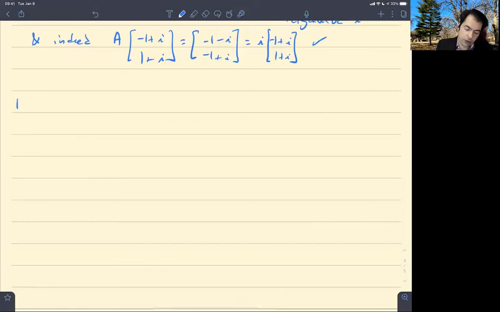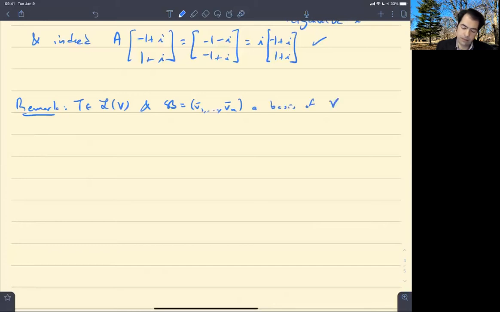So let's notice, just like we noticed that a diagonal matrix requires that the basis consists of eigenvectors, let's think about what happens if you have a linear map and you pick a basis: when is the associated matrix upper triangular?